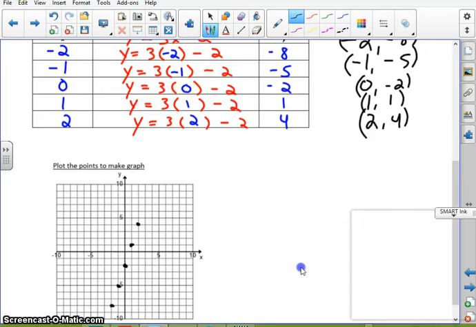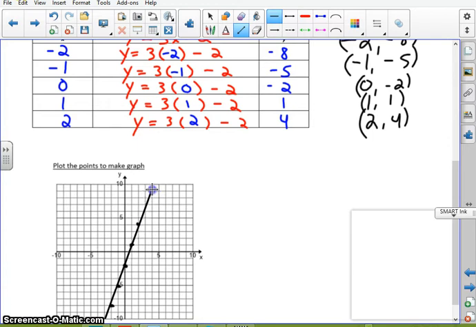And then the final point is 2, 4. So I have my ordered pairs plotted. Now all that I need to do is draw my line that connects them.